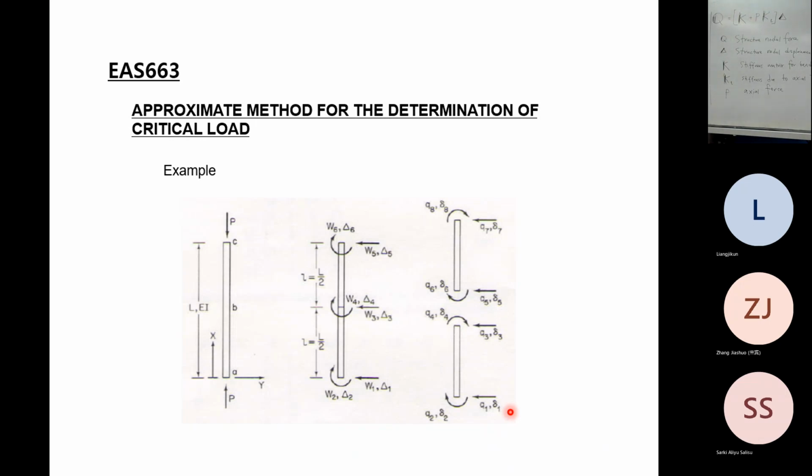Okay. So next, we are going to go to that part. In that particular equation at the global level, you don't see the element nodal displacement and element nodal force, because this information is included by coordinate transformations.